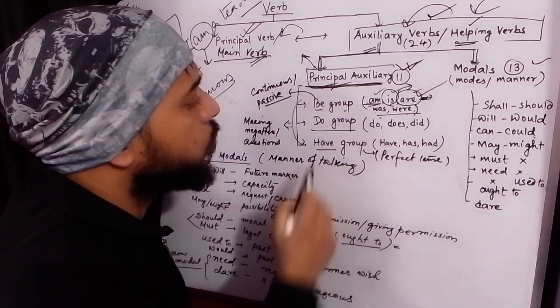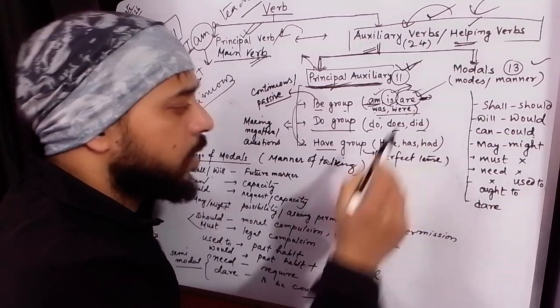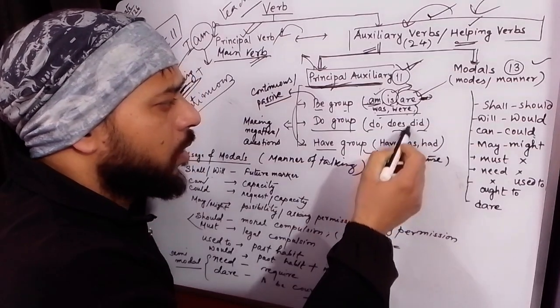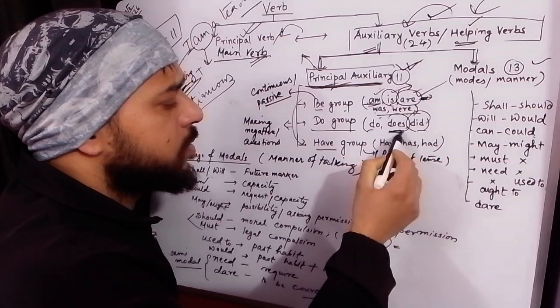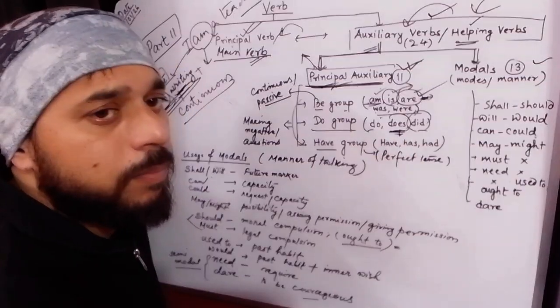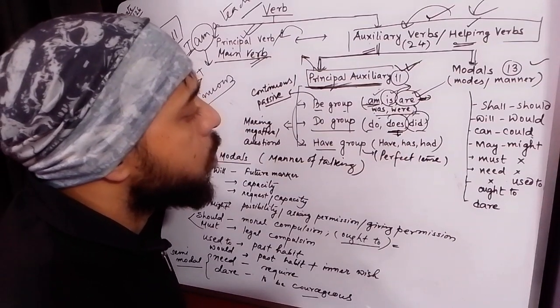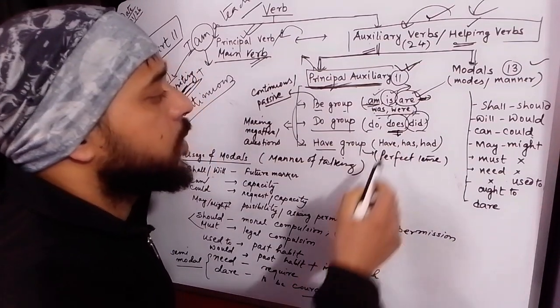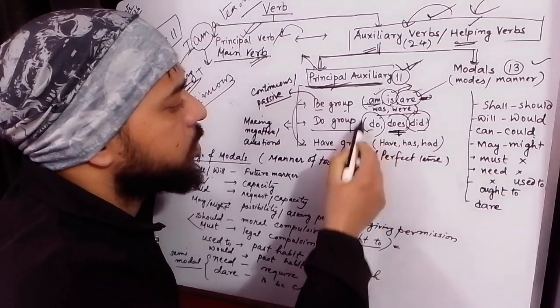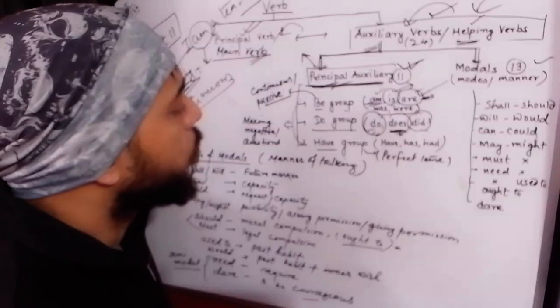Next comes do group. Do, does, did. Did is the past form. Does when third person singular number is there in case of subject. In that case, does happens, and in all other cases do.